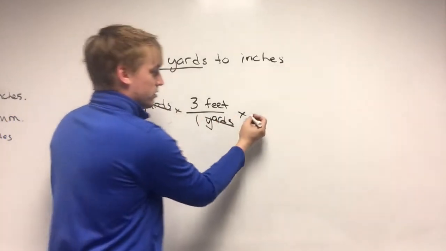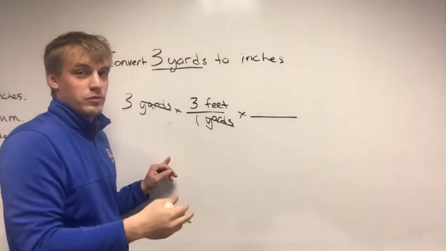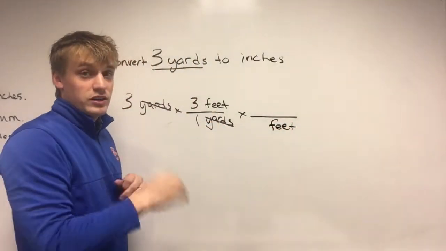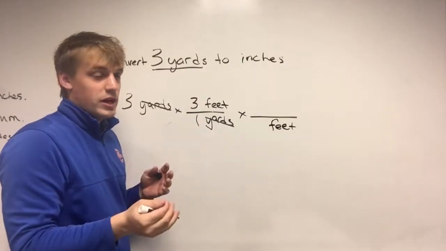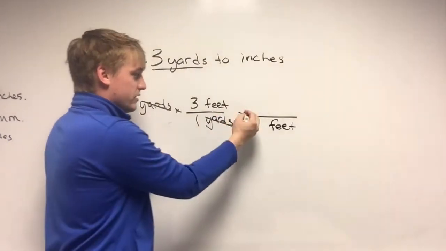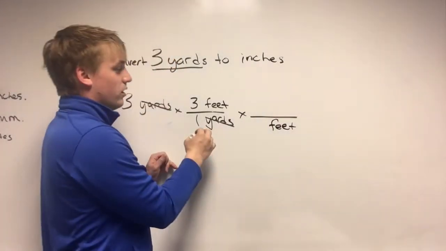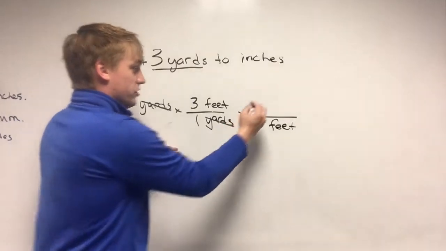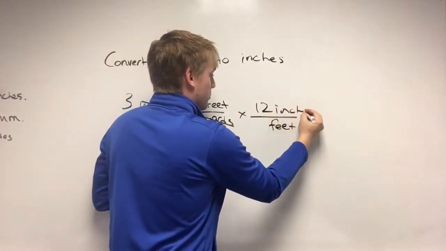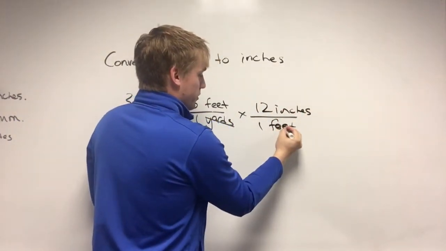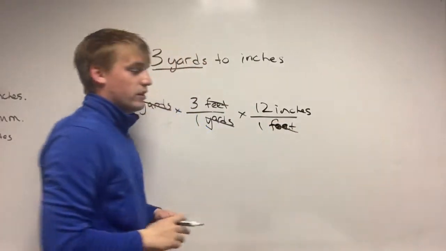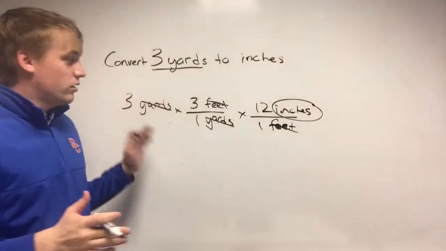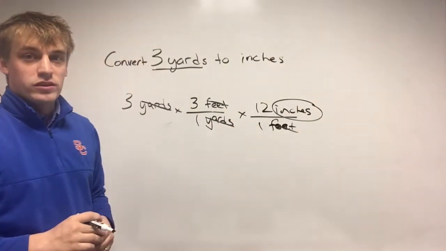We can go times. Since we're not to inches yet, we keep going. Feet has to go down here because we need it to cross-cancel. So times, line, put the label. On that conversion sheet, it tells us that there's 12 inches in 1 foot. You might already know that. 1 foot, these cancel. And we're at inches, so now we know our conversion is set up correctly.